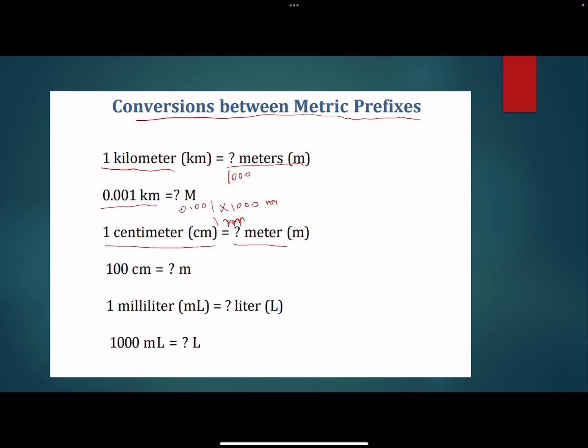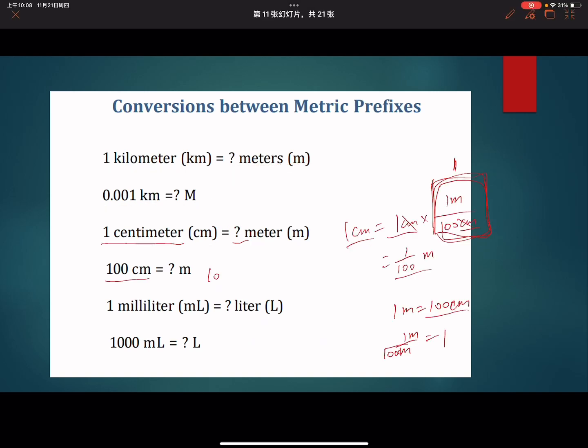We need to divide by 100, so it will be 1 over 100. Same thing, 100 centimeters equals 100 centimeters times 1 meter over 100 centimeters. So the centimeters cancel, and that will give us 1 meter.